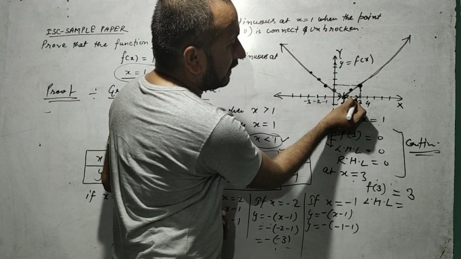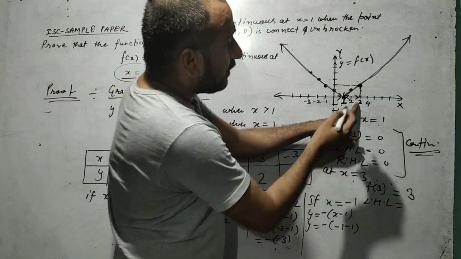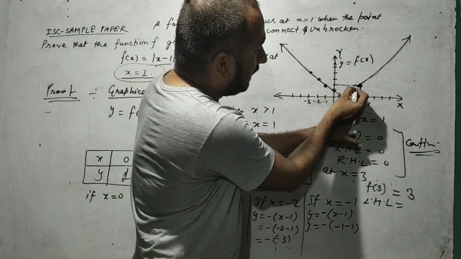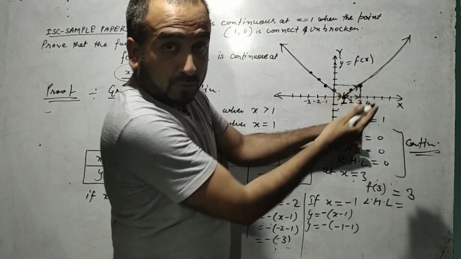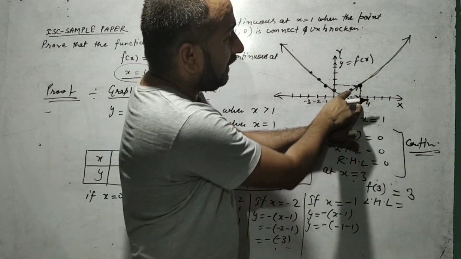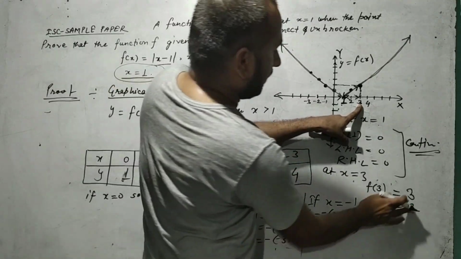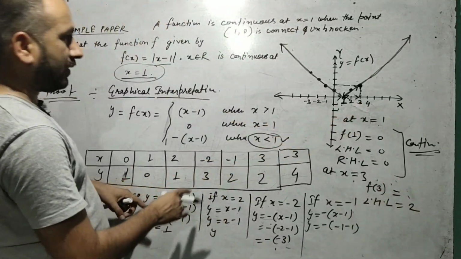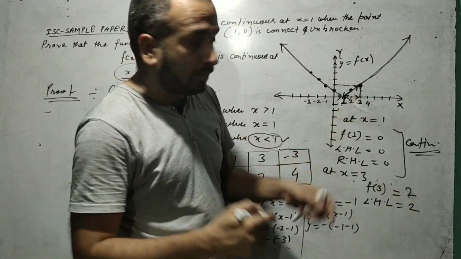This arrow represents the left hand limit. This arrow also approaches the value of y, which will be 2 here. F of 3 is also 2 and the left hand limit also approaches 2.